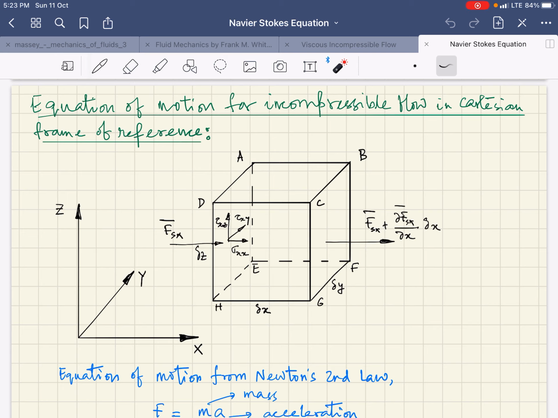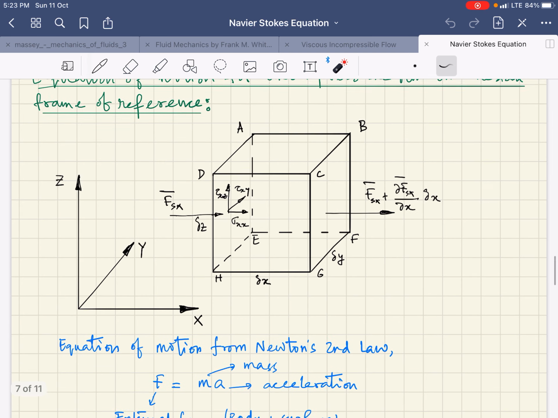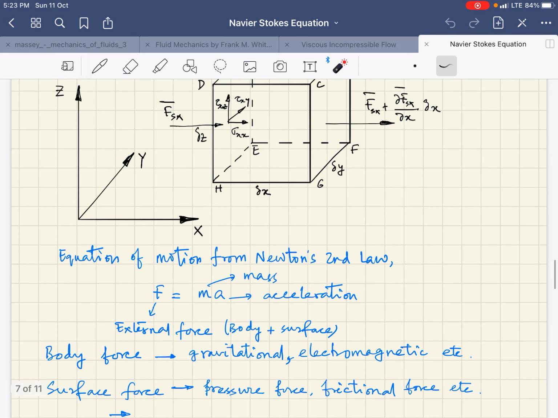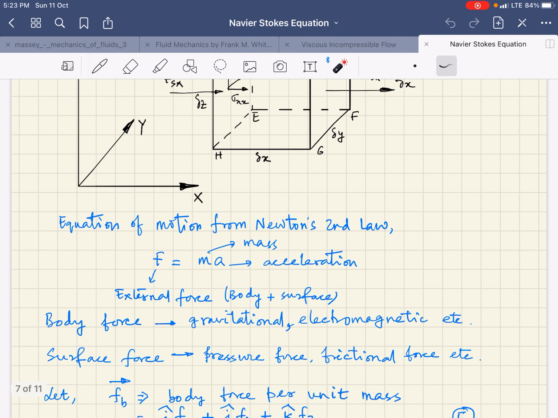It's basically considering the shear stress and the normal stress, along with the body force term, that is the external force, contained by the body force and surface forces.